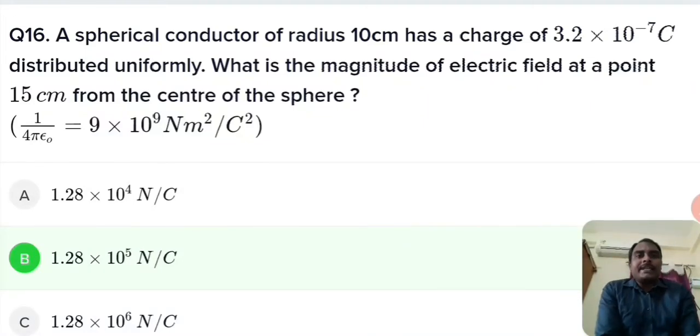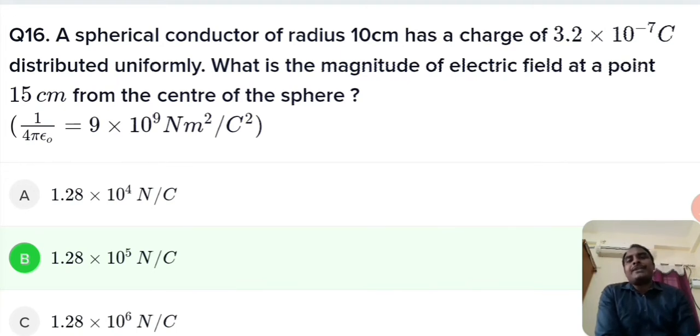So we need to find electric field at a point 15 centimeter from center of the sphere. The radius is 10 centimeter, but we need to find it at a distance 15 centimeter from center. It is a spherical conductor, so the point is outside the sphere.